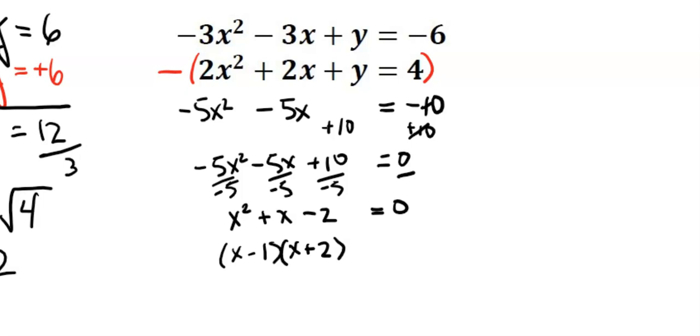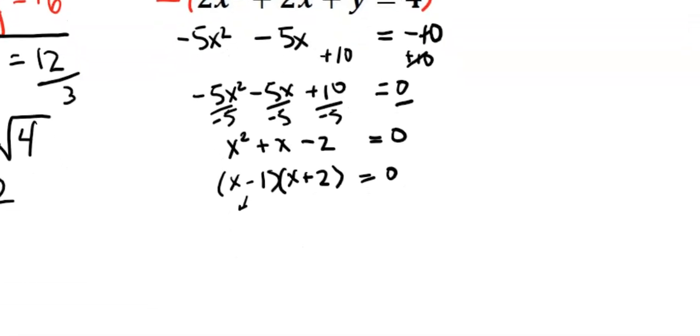Negative 1 times positive 2 would be negative 2. And negative 1 plus 2 would give us positive 1, which is the same as this plus x here. And then that's equal to 0. So here, x plus 1, x minus 1 equals 0.